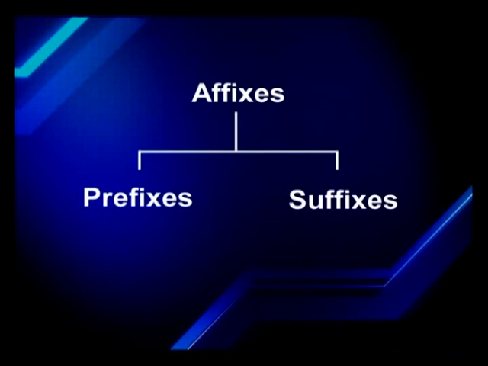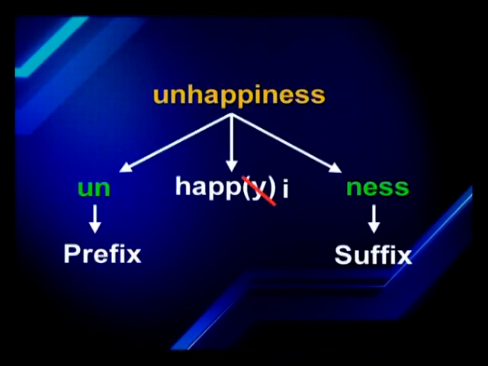Now, let's briefly go through what we learnt. Affixes are of two types. They are prefixes and suffixes. For example, in the word unhappiness, the prefix is un, while ness is the suffix.